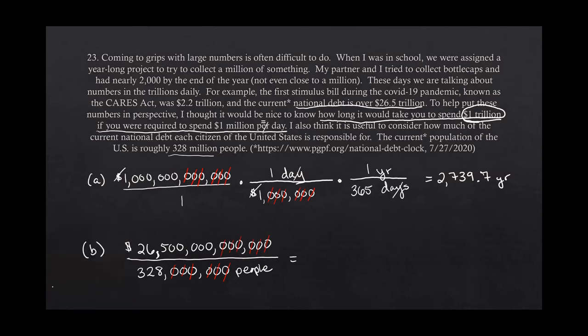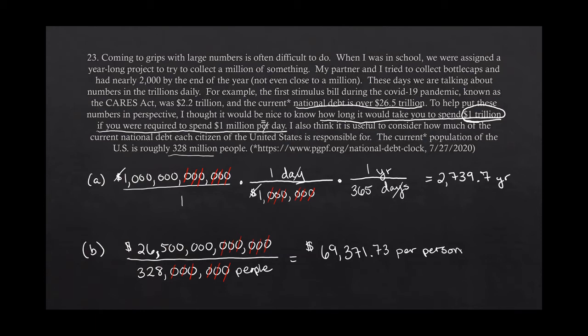And then we can do the division out. And if you do that, you should get, looks like, $69,371 and 73 cents if you felt like going that far per person.